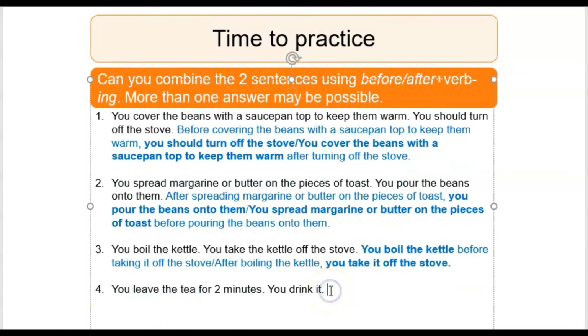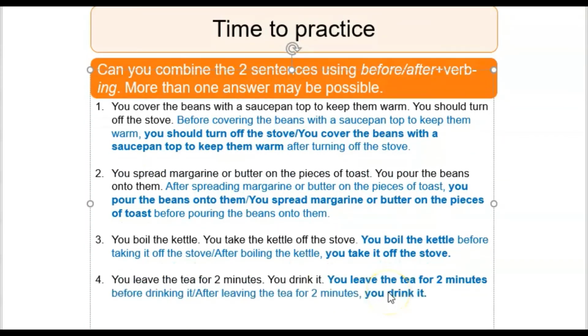Okay, finally number 4. Okay, so you leave the tea for 2 minutes. Okay, that's your main clause, your emphasis. Okay, before and then verb ing, drinking it, or after plus verb ing, after leaving the tea for 2 minutes, comma, right, and then your main clause, the emphasis, you drink it.